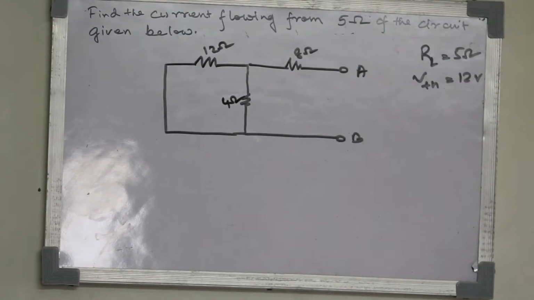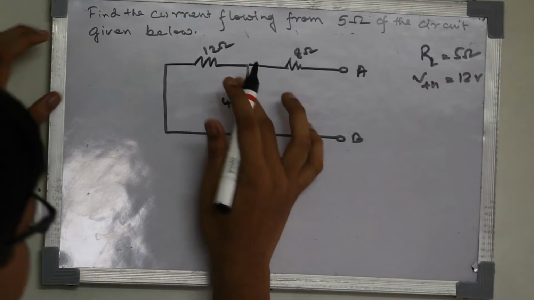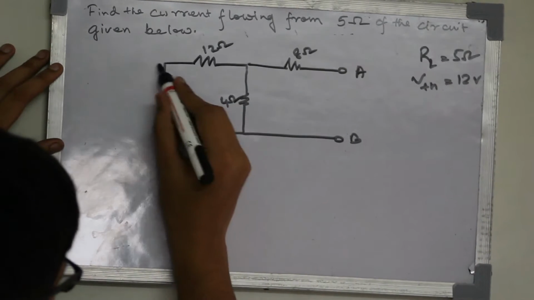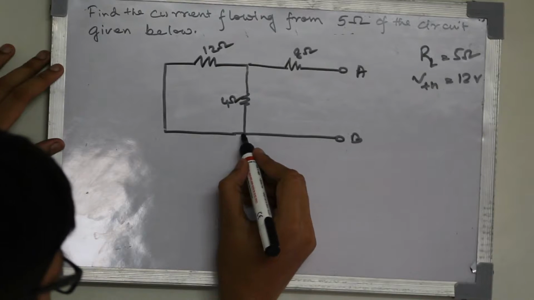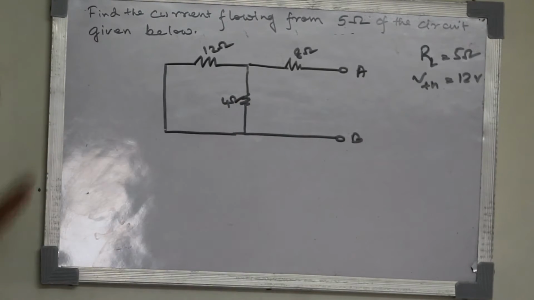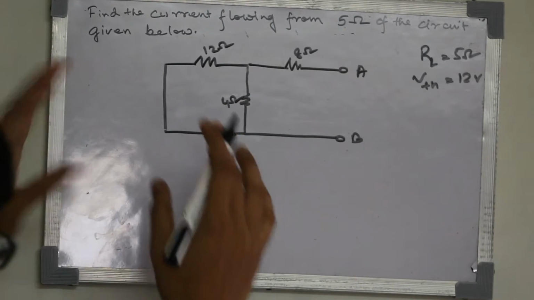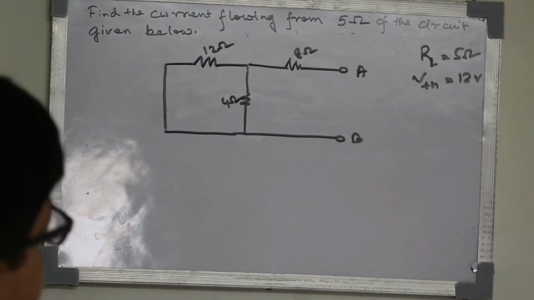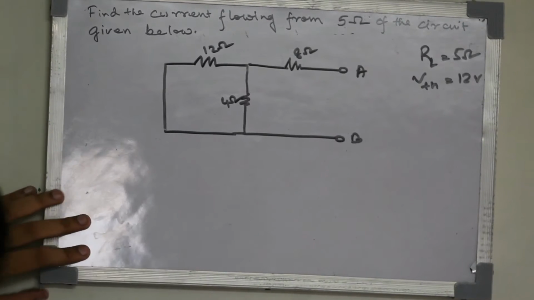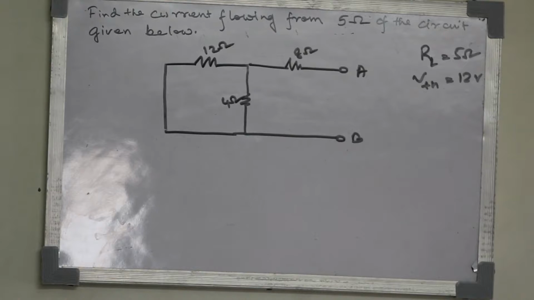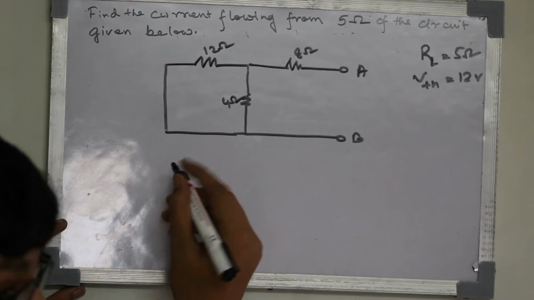Now we have to find the RTH. How we can find the RTH? Here you can see that this one 12 and this one is 4 and they both are in parallel. Let the equivalent resistance is R1.